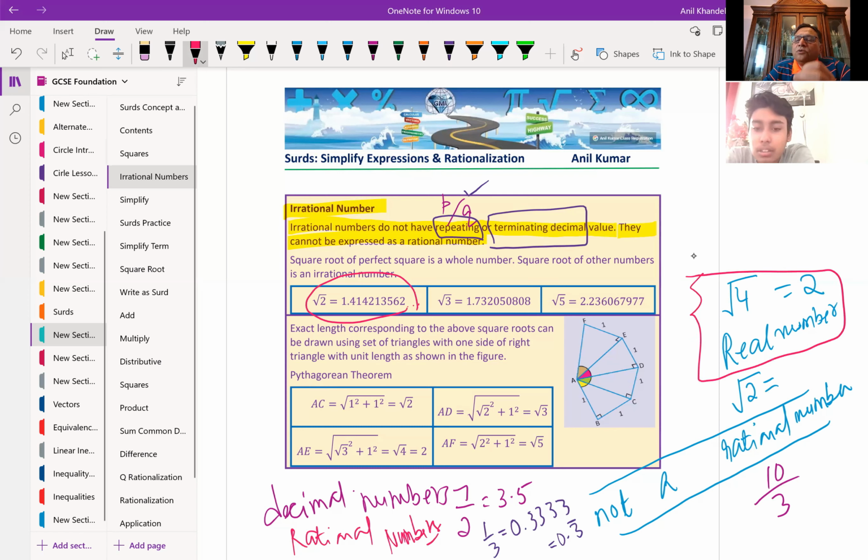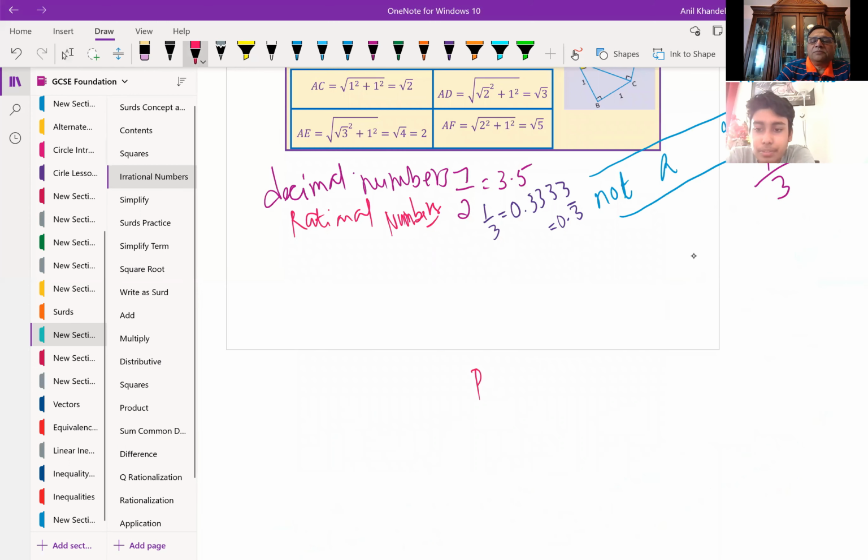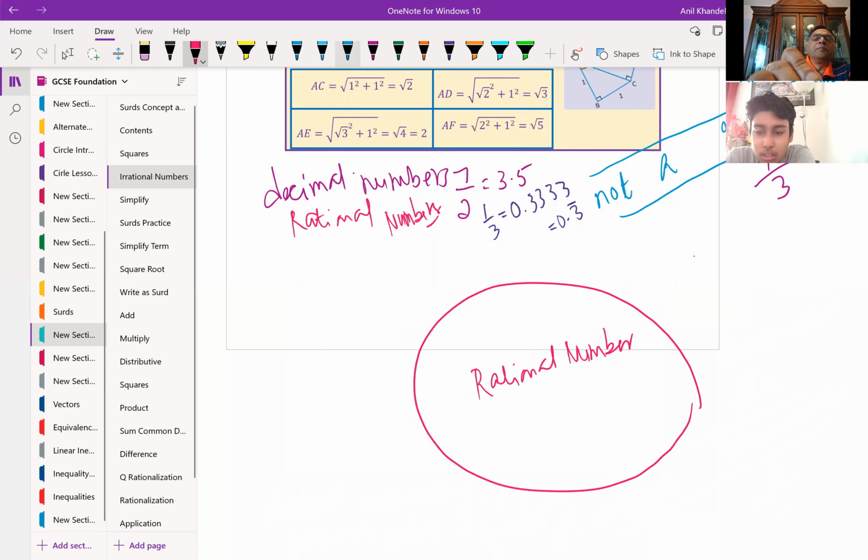So real numbers include rational and irrational numbers. Is that clear to you? So let me say we have rational numbers. Let me make a circle here, and let me make another circle here, which is called real numbers.